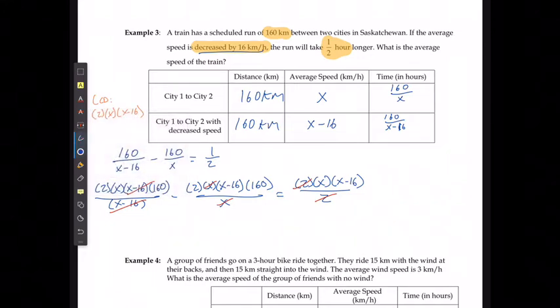Well, 2 times x times 160 is going to give me 320x. Minus 2 times 160 is going to be 320. 320 times x minus 16 is going to give me minus 320x minus 5120 is equal to x times x minus 16, which is x squared minus 16x.